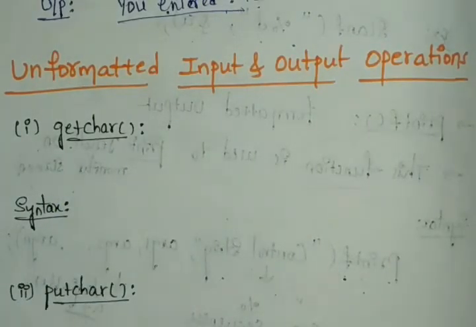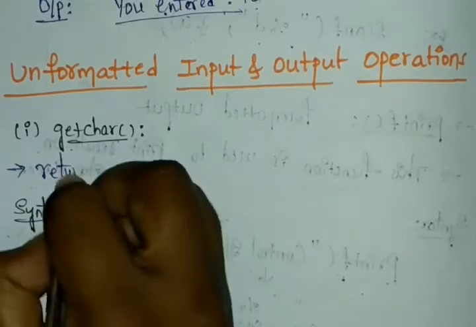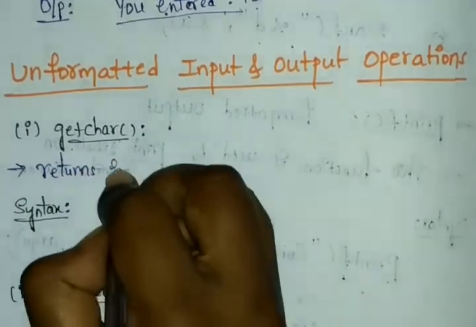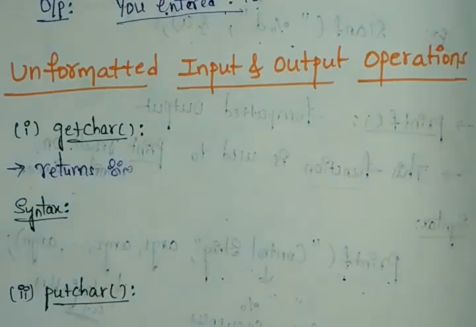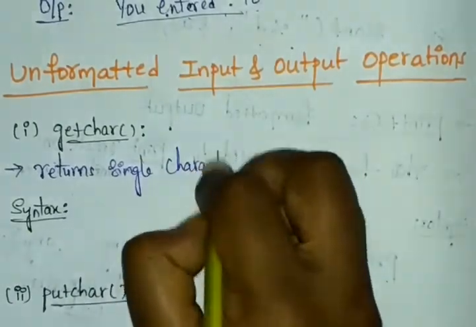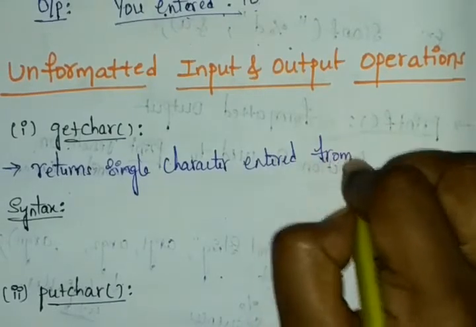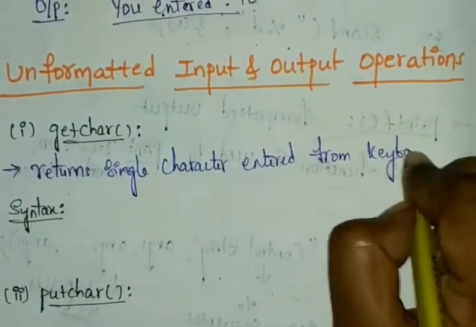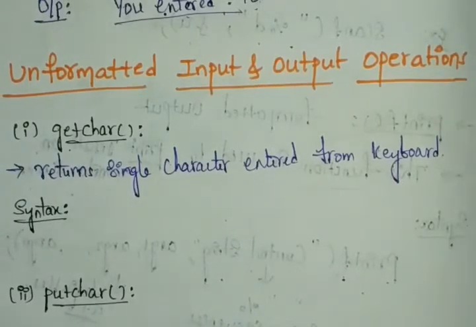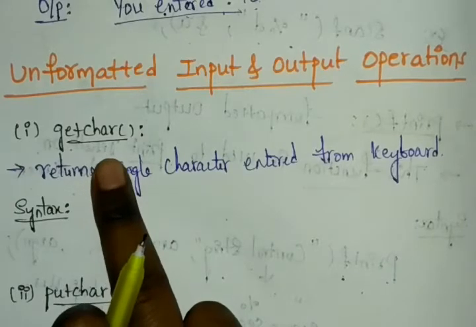This function returns the single character entered from the keyboard. Whatever the user enters from the keyboard is read by our getchar, which gets the character.